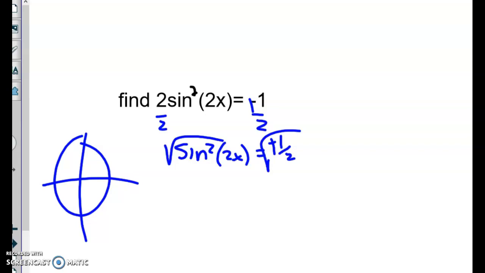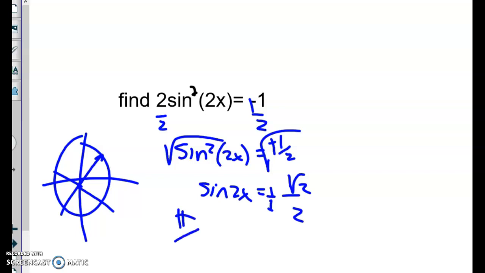So then I get sine squared of 2x equals 1/2, so the sine of 2x is equal to the square root of 1 over the square root of 2. Rationalize, I get the square root of 2 over 2. And so I get plus or minus in front of that.